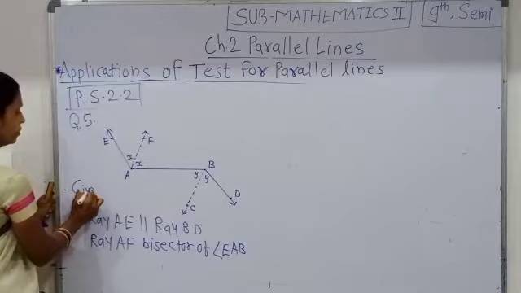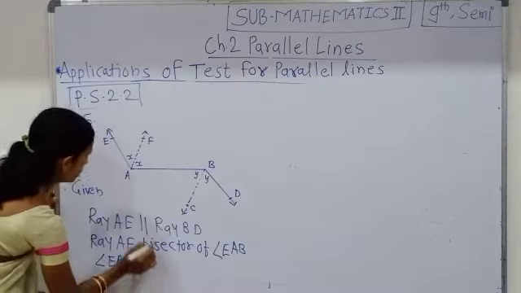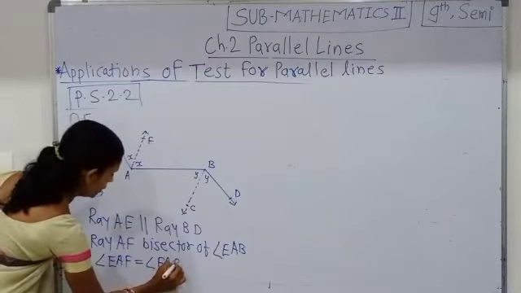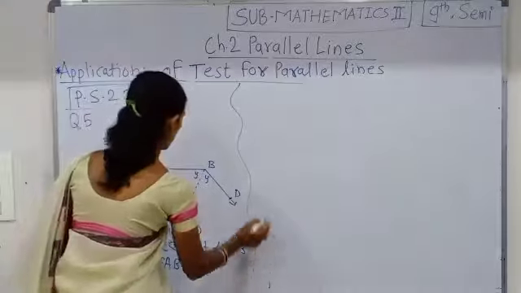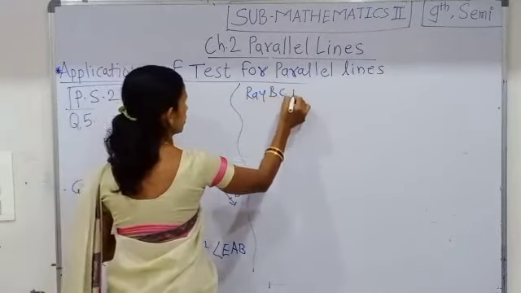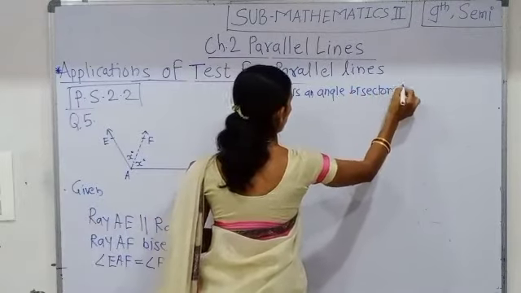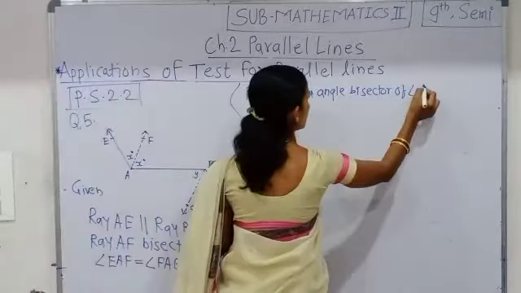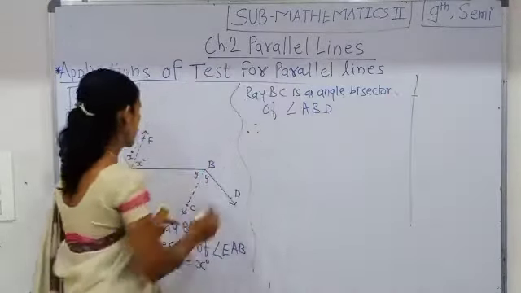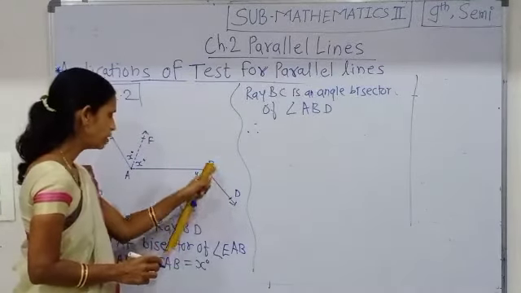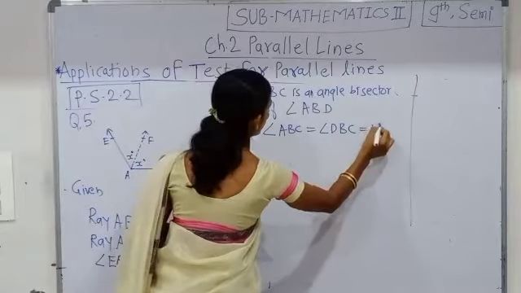and therefore angle EAF is equal to angle FAB, that is equal to x degrees, as well as here ray BC is an angle bisector of angle ABD, and therefore here angle ABC is equal to angle DBC is equal to y degrees.